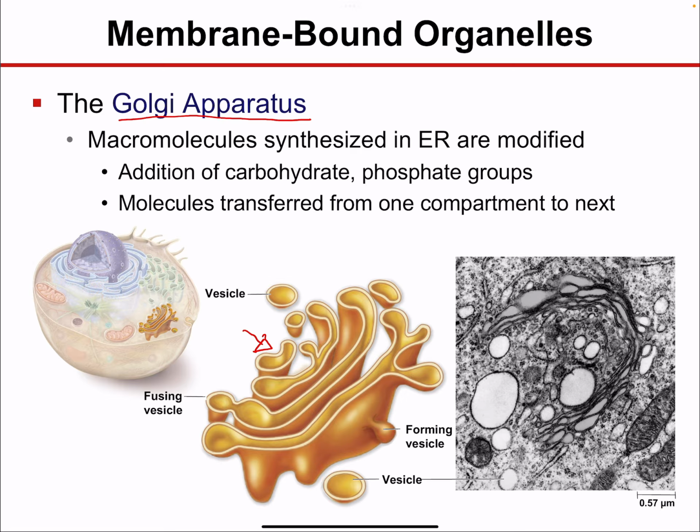So when the vesicle buds off from the Golgi apparatus after all modifications are made, that vesicle is going to travel, merge with the plasma membrane, and the proteins that are in that vesicle are going to be part of the plasma membrane. Okay, remember that the plasma membrane, it's a phospholipid bilayer with some proteins embedded. Okay, this is how those proteins end up in the plasma membrane.